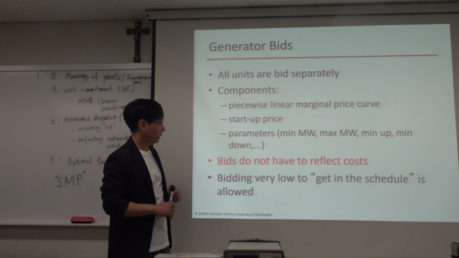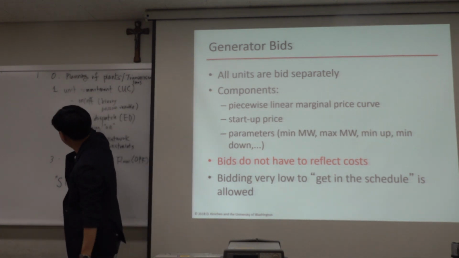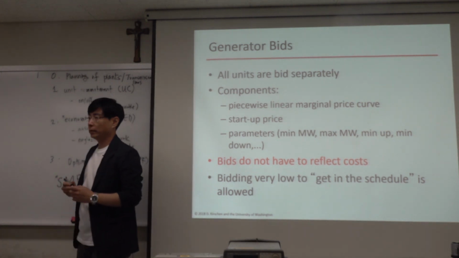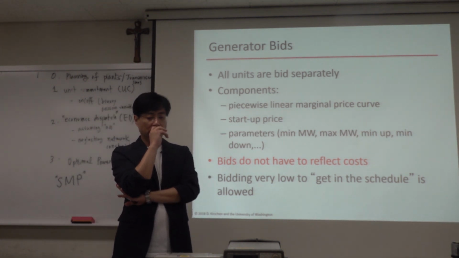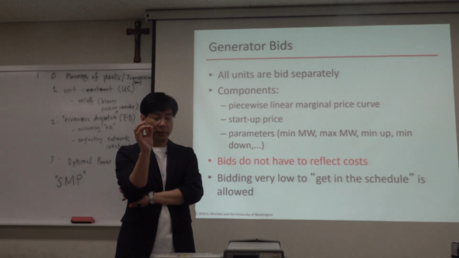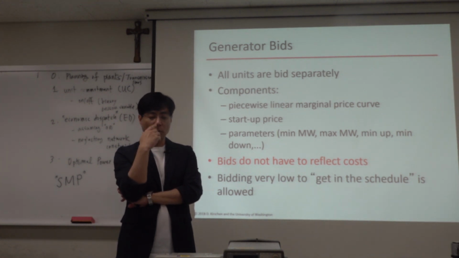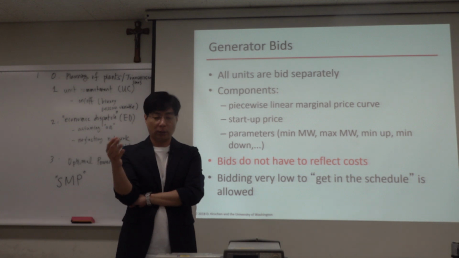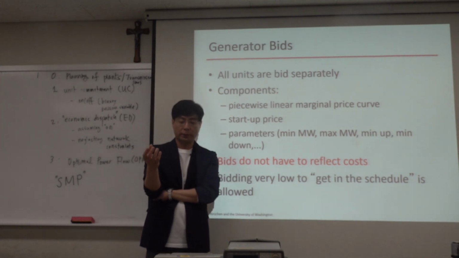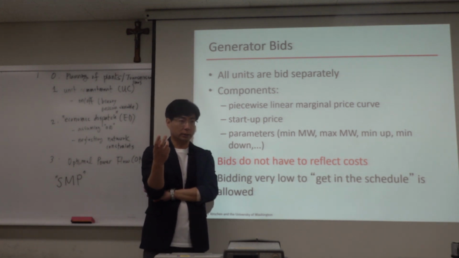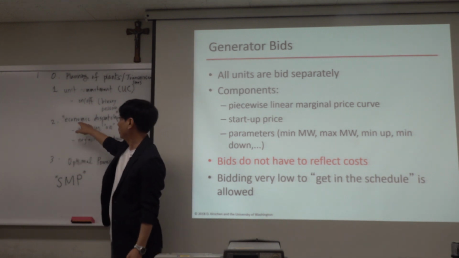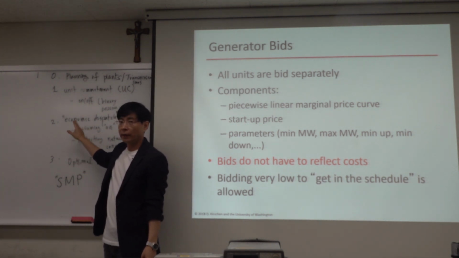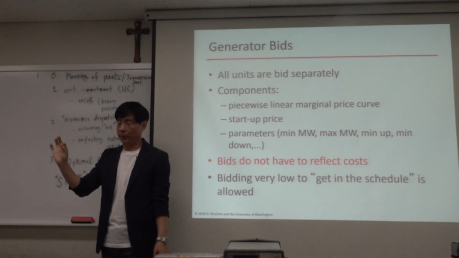The interesting thing is that typically when we talk about economic dispatch from an optimization perspective, from the system operator's perspective, we assume that each generator honestly informs their cost structure, their marginal cost and fixed cost, so that the system operator can solve this economic dispatch problem, and then the SMP is determined optimally.